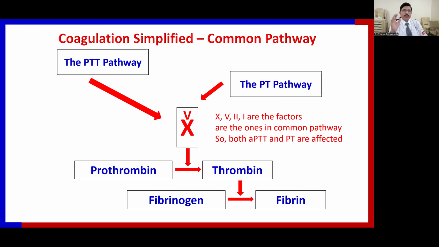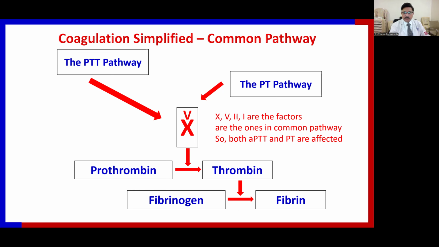When your prothrombin time is prolonged, either 7 is absent, or 10 is not activated, or 5 is missing, or 2 is missing, or 1 is missing. There is some problem with any one of these 5. So when I order a prothrombin time, I must remember these are the things I am testing. What am I testing? The lucky number 7, 10, 5, 2 and 1.